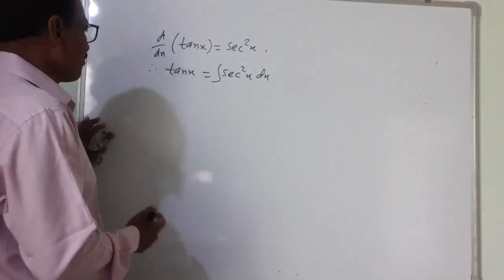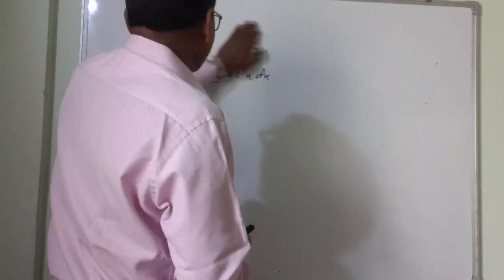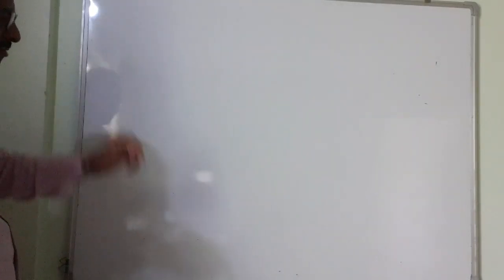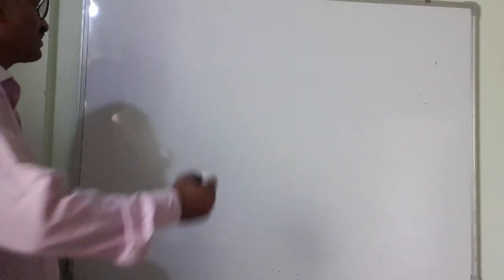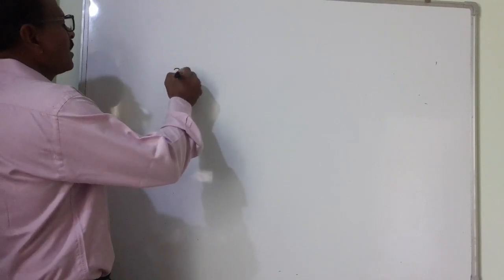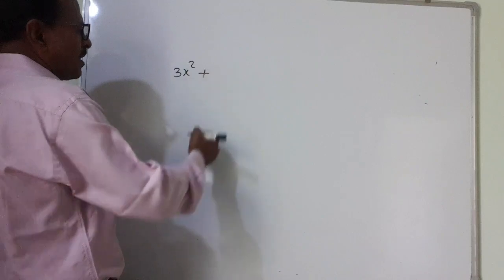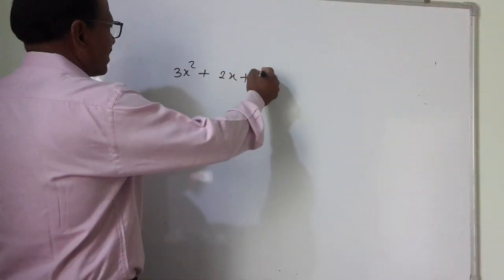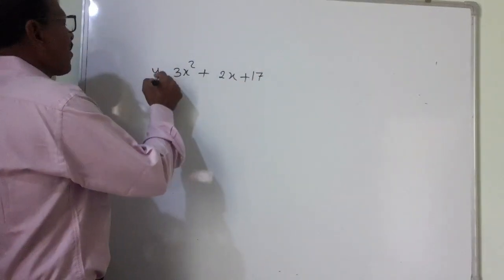Now there is one term coming in between, that is the constant of integration c. What is that? I have not discussed that, so now I will discuss it. Suppose y equals 3x square plus 2x plus 17.